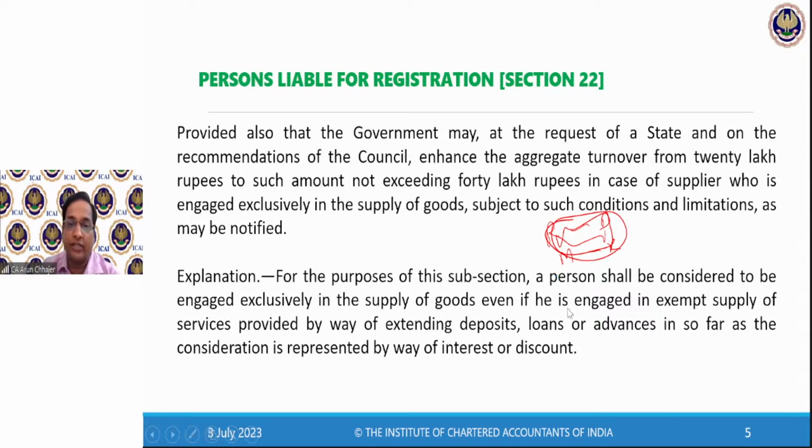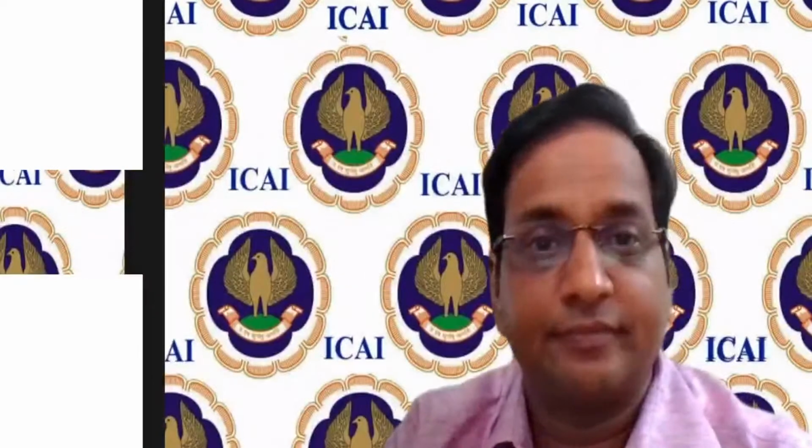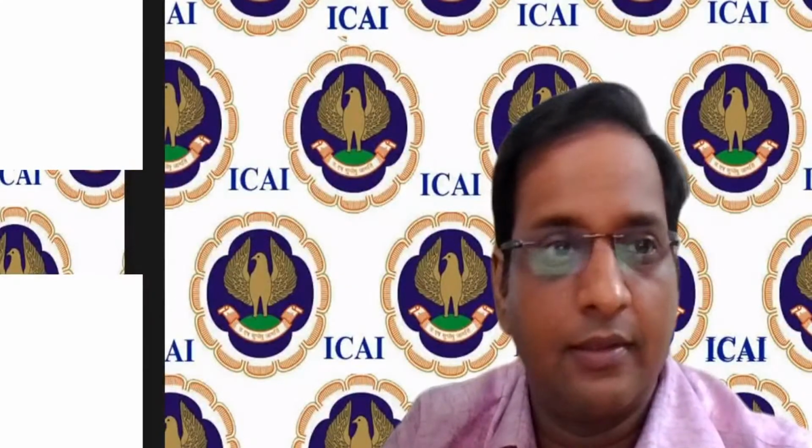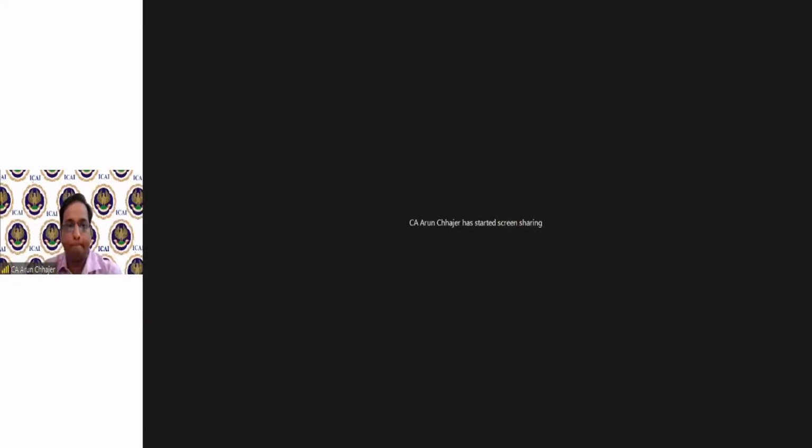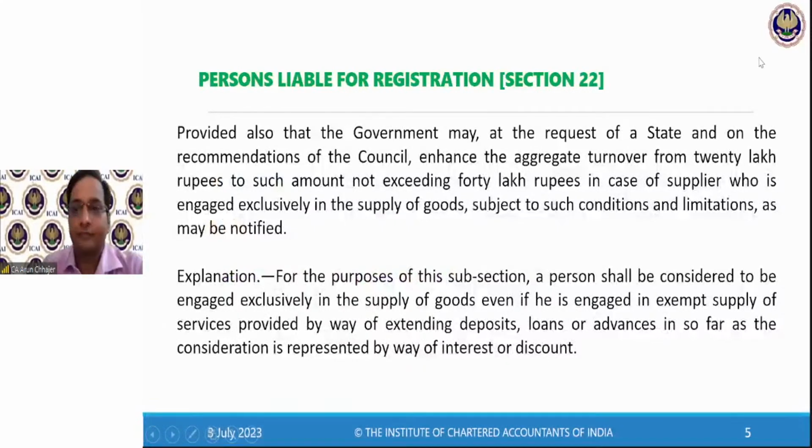Now, try to understand this. They are saying if you are exclusively engaged in the supply of goods, then the limit can be enhanced from 20 to 40. For special category states, the limit can be enhanced from 10 to 20. Exclusively means only. Exclusively engaged in goods means you are only supplying goods.